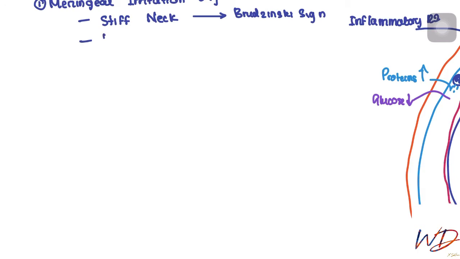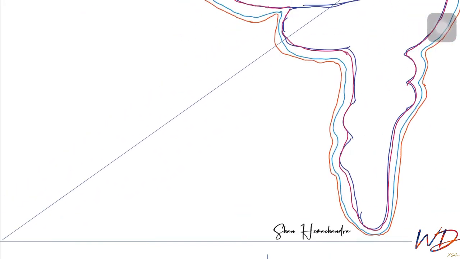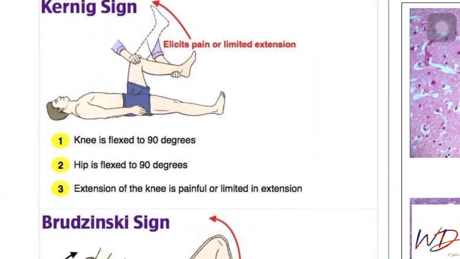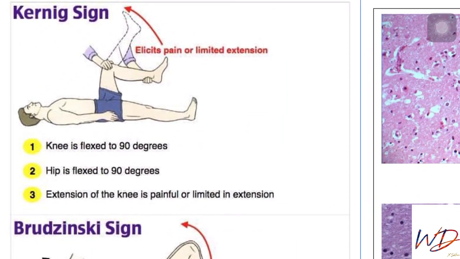Next, Koenig sign. Koenig sign will be positive. Let me show you these two. So this is Koenig sign. This is a clinical examination.